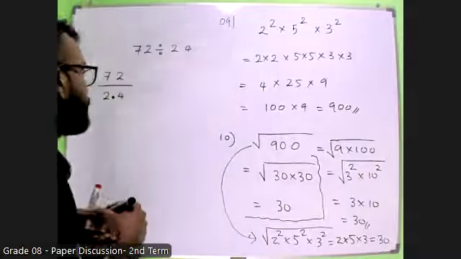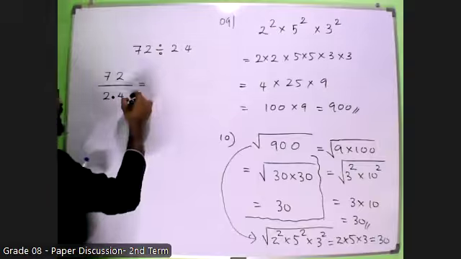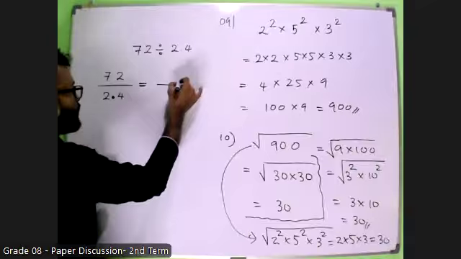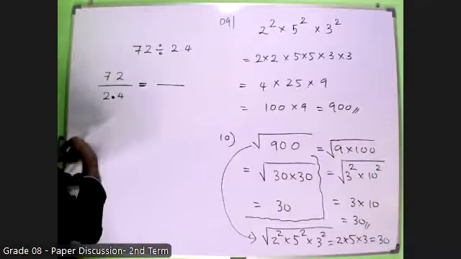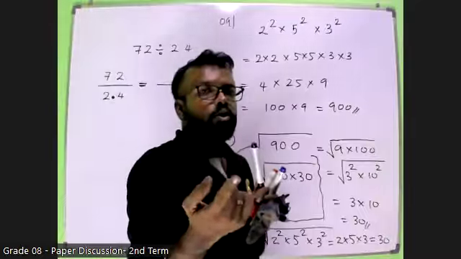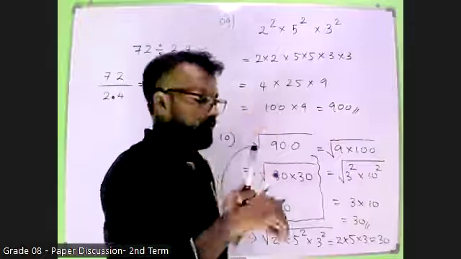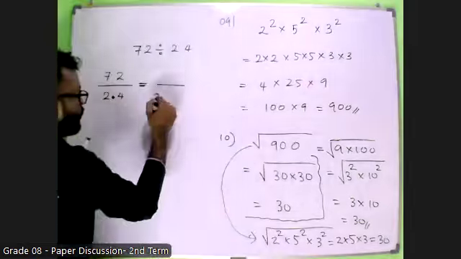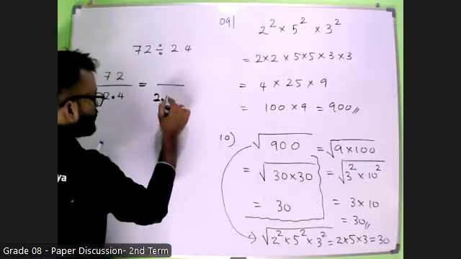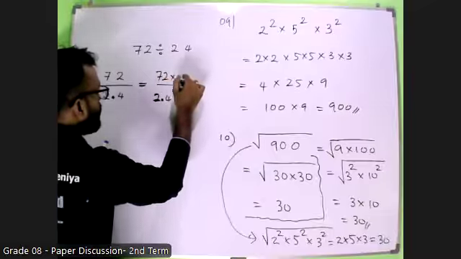So you can convert 2.4 into a whole number. How? There is one decimal place, so you need to multiply by 10. If you want to remove the decimal points, you can multiply both numerator and denominator by 10.